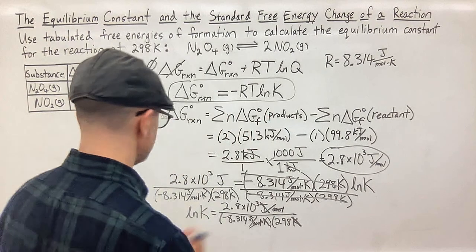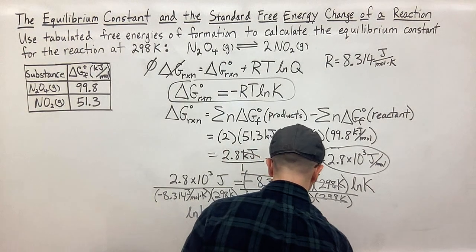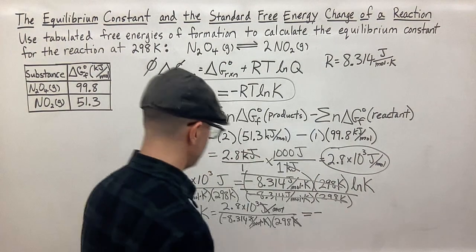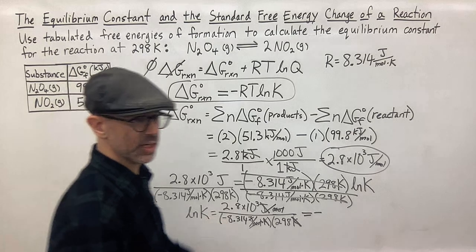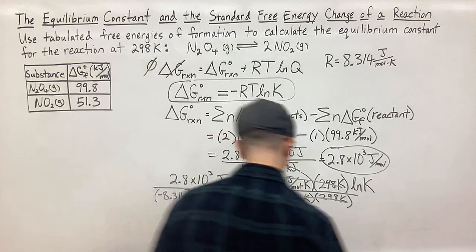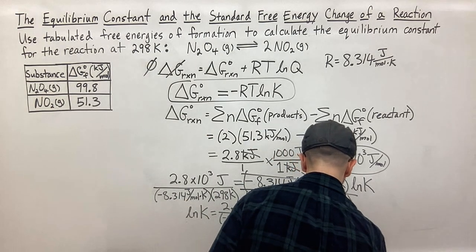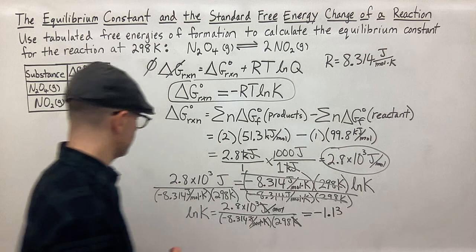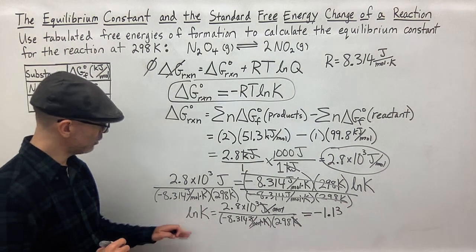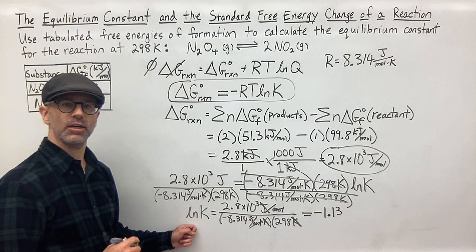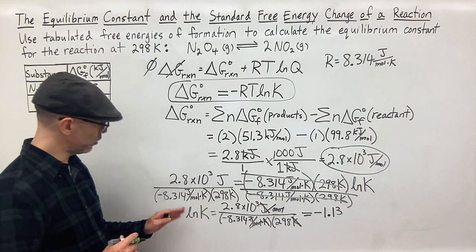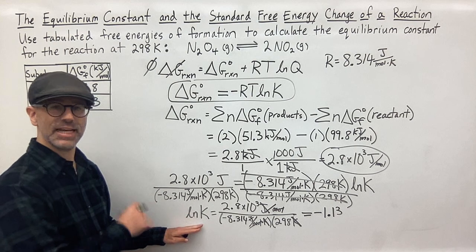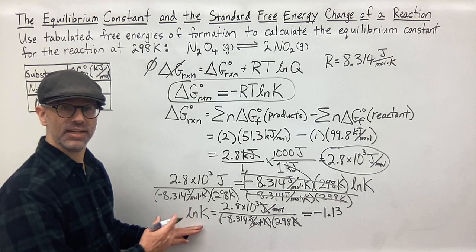And when I calculate this out, I get ln of K is equal to negative, notice the negative there, don't forget the negative, negative 1.13. And then to get rid of the natural log, we're going to write everything as a power of e, right?